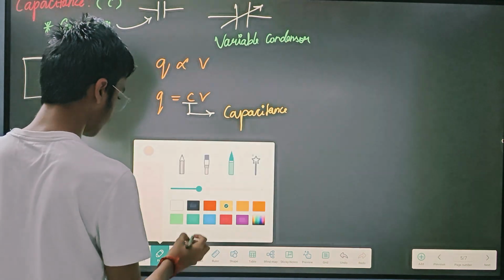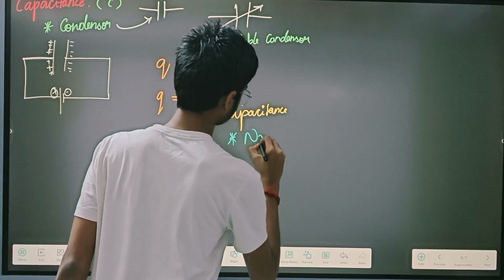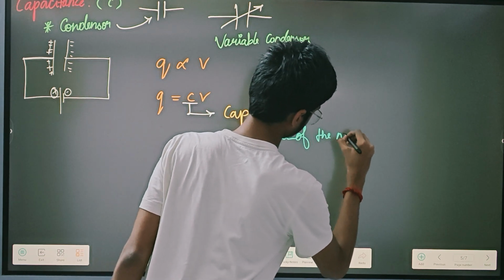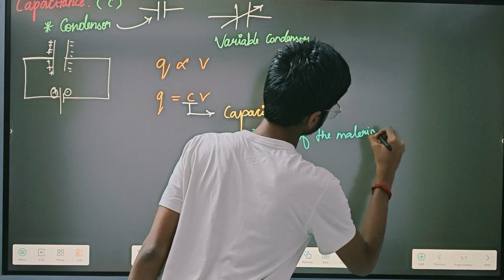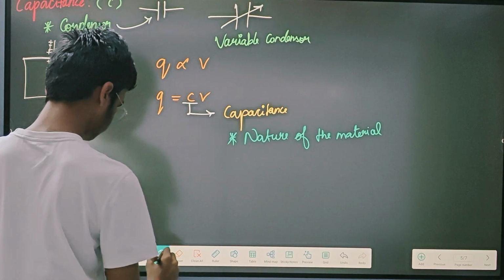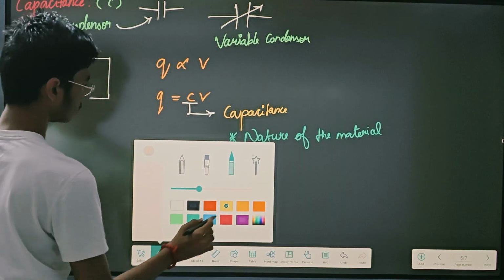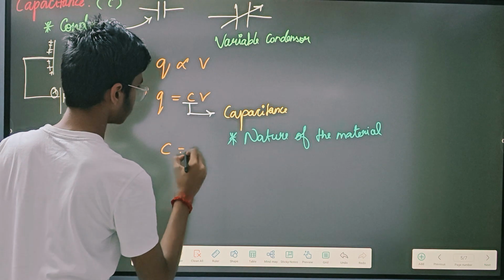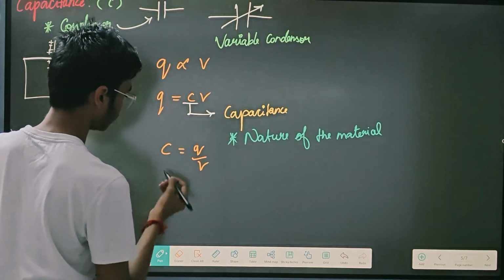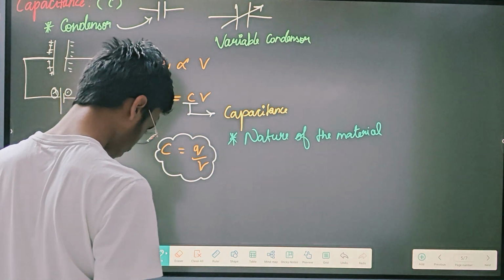This capacitance is dependent upon the nature of the material. Then C is equal to Q by V. Okay, so C is equal to Q by V.